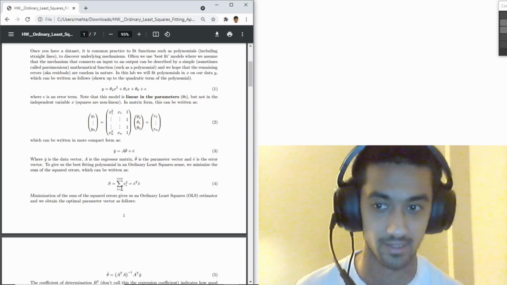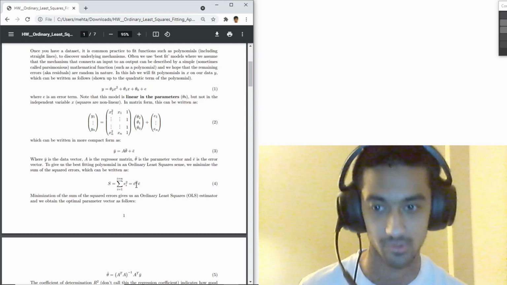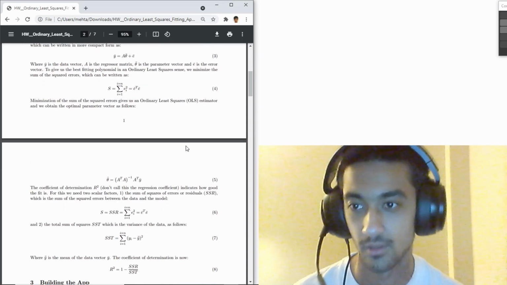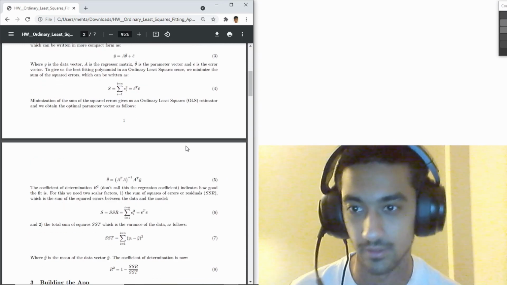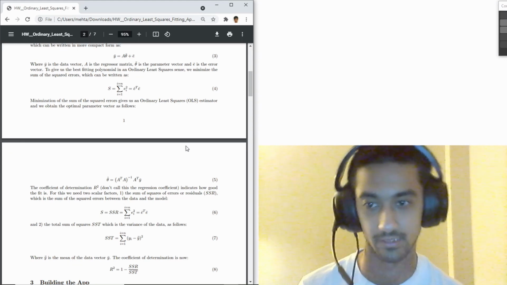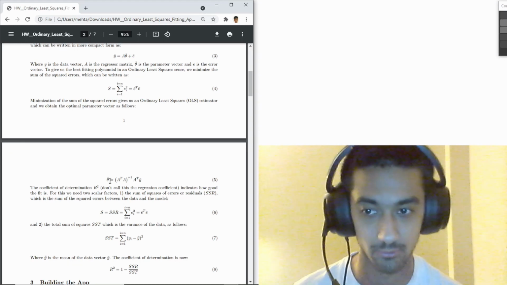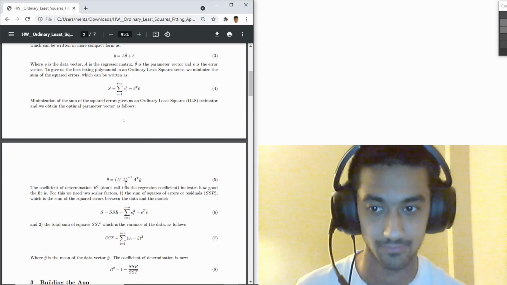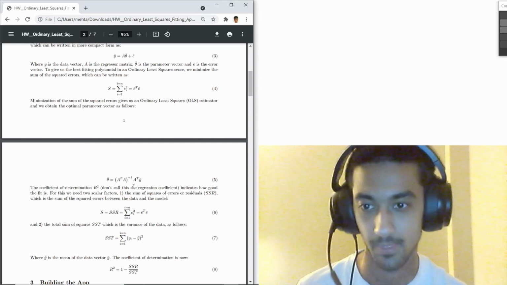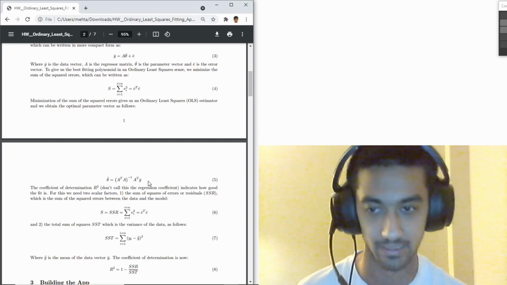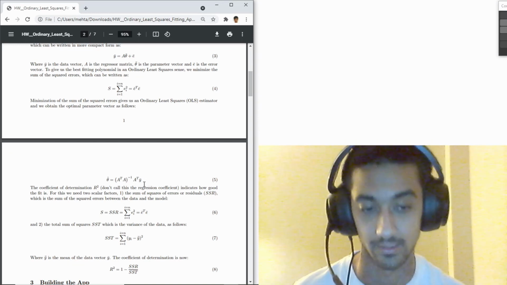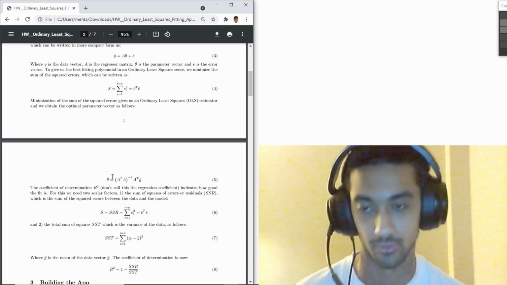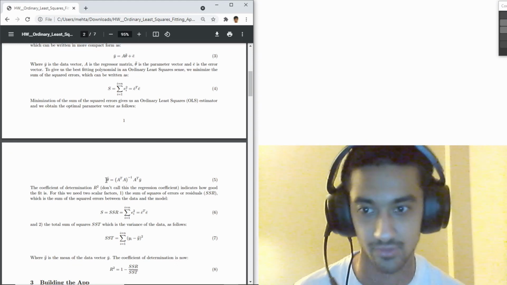And this can also be written as the E matrix transposed multiplied by E. And next up we have to find the optimal parameter vector, that's the theta, and that means theta equals A transposed multiplied by A all to the power of minus 1 multiplied by A transposed multiplied by Y. And that's the equation we're using to find out the polynomial of best fit by getting all the theta values from this equation.